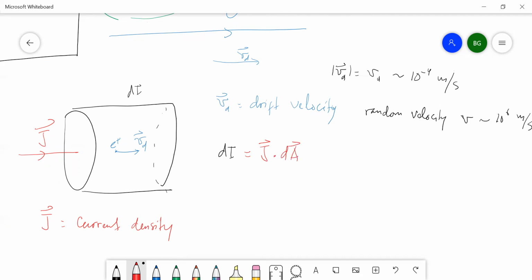It's like a flux, the flux of the current density. So I should be the integral of J times dA.